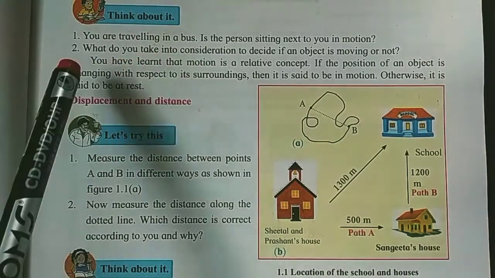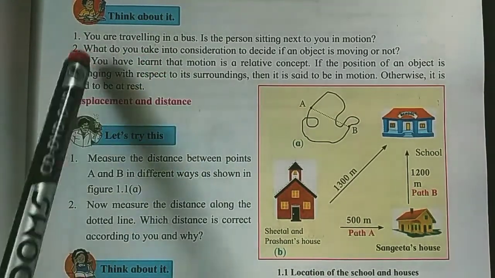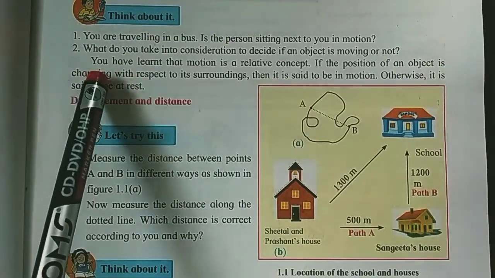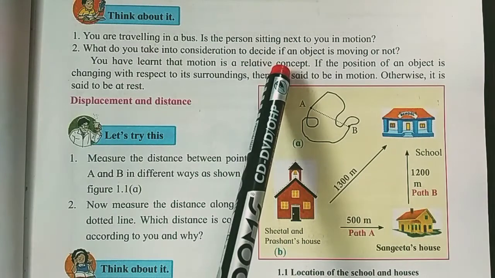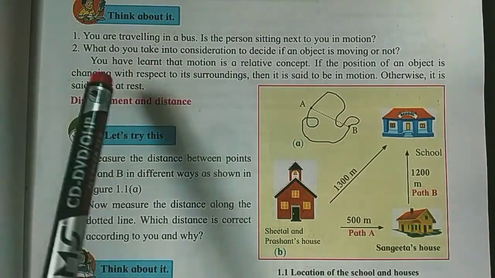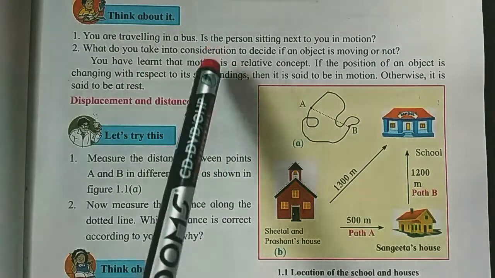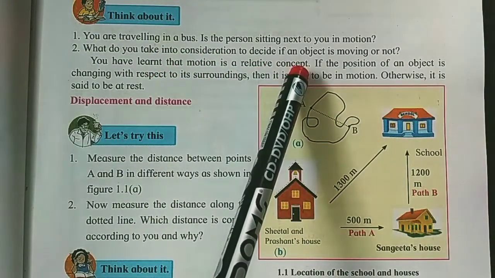So we have got here one explanation that will give the answer to these two questions. What is it? You have learned that motion is a relative concept. Means we see that motion is a relative concept. It depends on the object, relative to the other object.